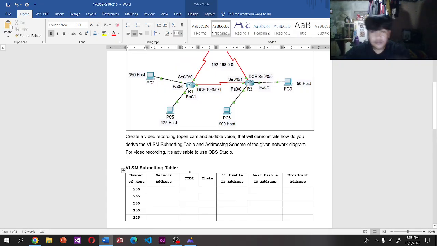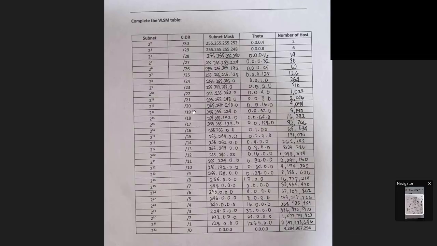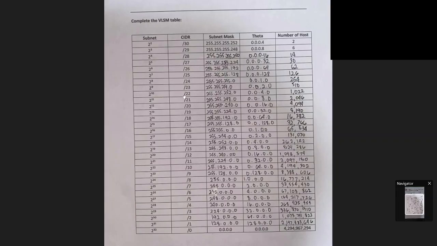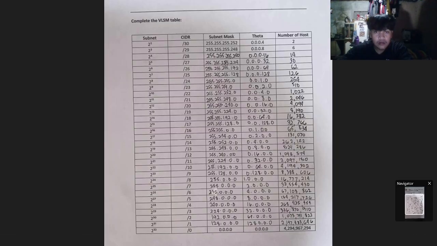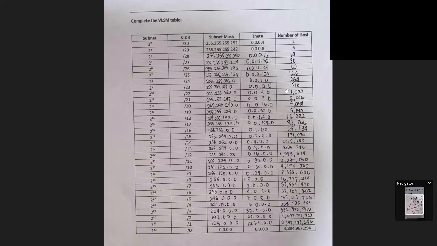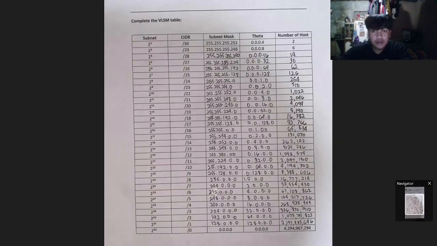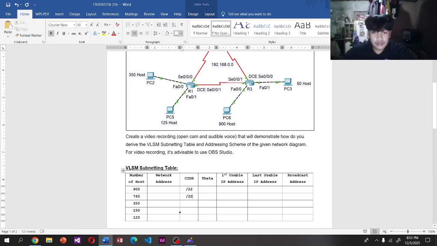For the next step, we look for the CIDR in the VLSM table. The number of hosts 900 is CIDR 22, and 765 as well. For 350, we go to range 23.